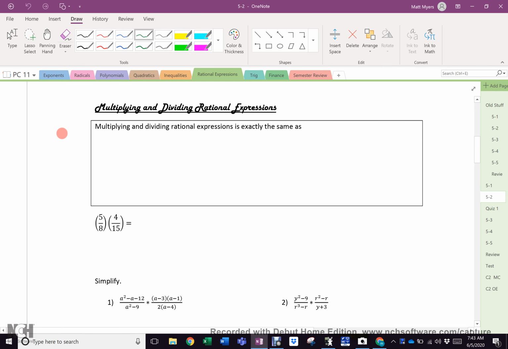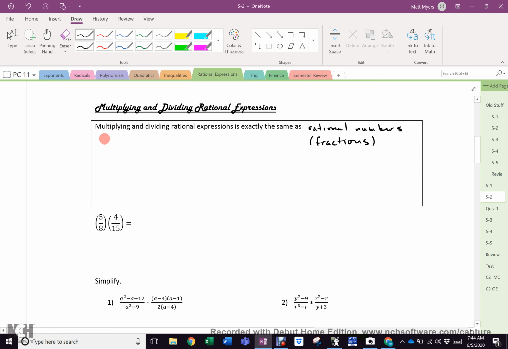So, multiplying and dividing rational expressions is exactly the same as rational numbers. Now, when I say rational numbers, I am usually referring to fractions, because all rational numbers are fractions.